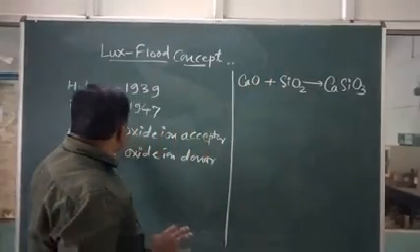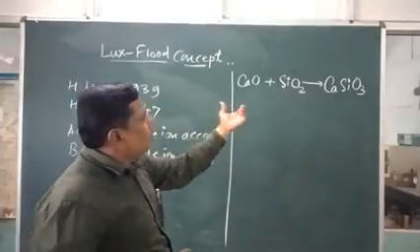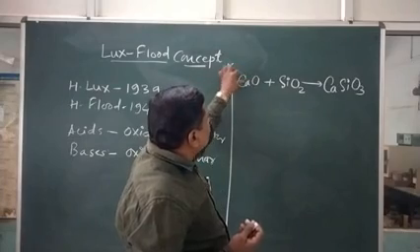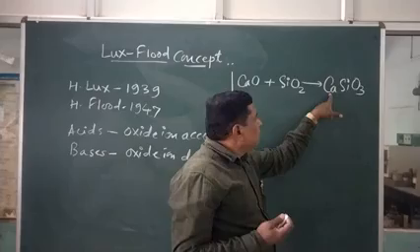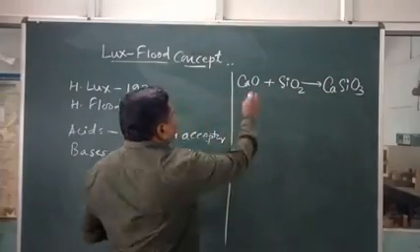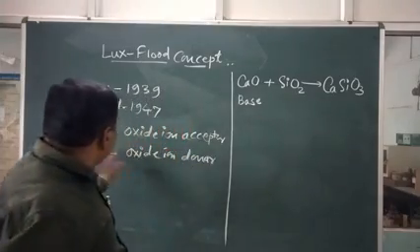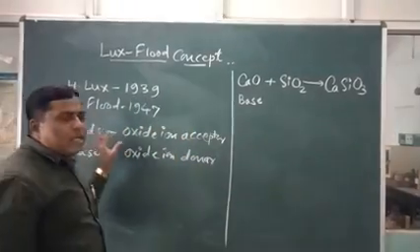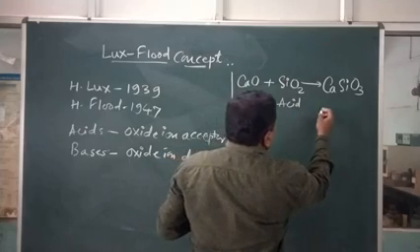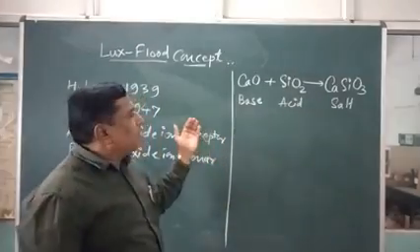According to this definition, the substance which accepts oxide ions is the acid. Calcium oxide has no oxygen along with the calcium, hence it is the donor. The donor is called the base, and the acceptor is called the acid. When both combine together, a salt is formed. This is an acid base reaction.